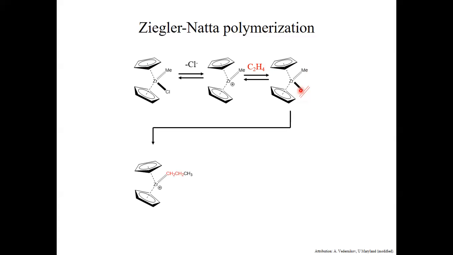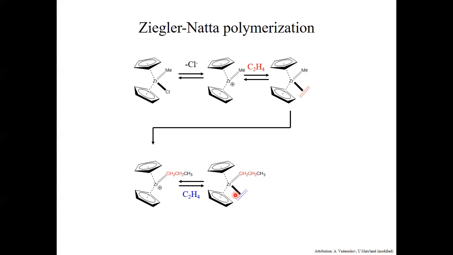Okay, so through a migratory insertion, we can then produce a longer alkyl group. But as we do so, we decrease the coordination number, because of which a new ethene molecule can bind.